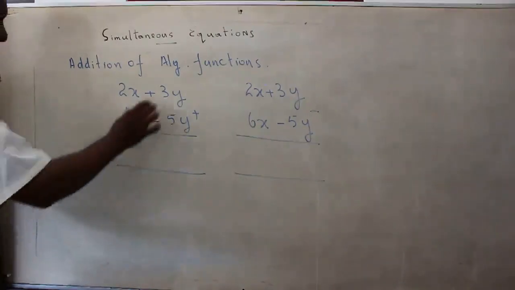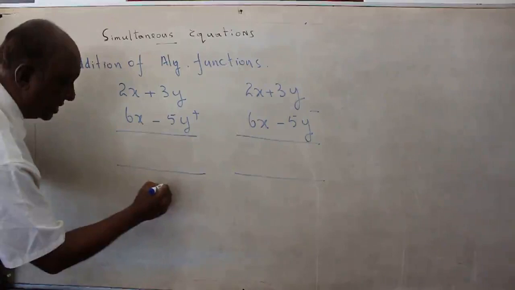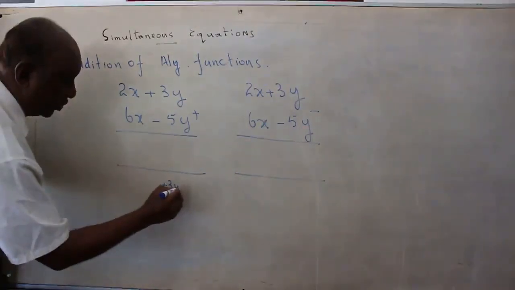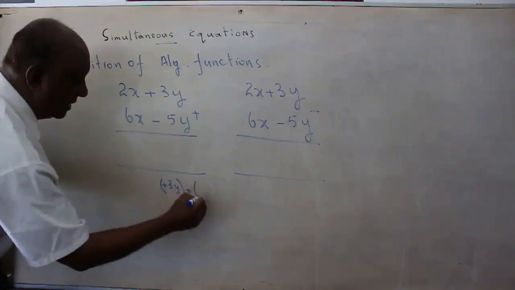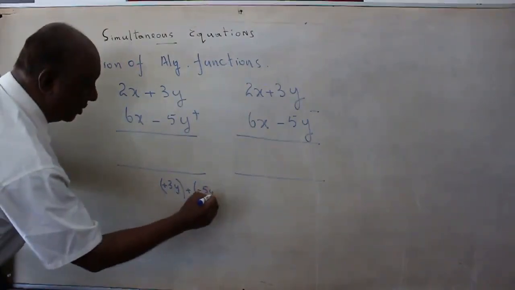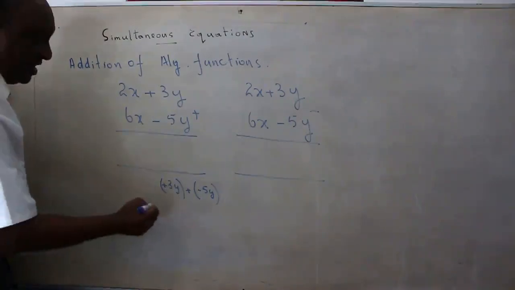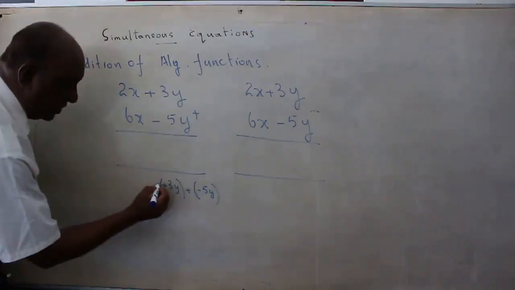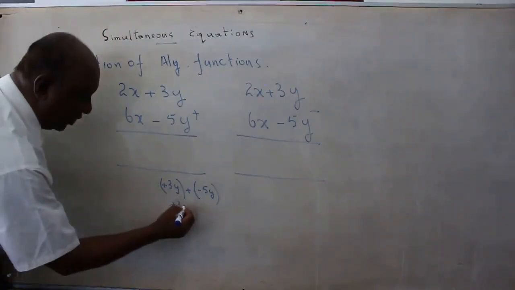You take the y's. Alright, what is the one on top? Plus 3y on top, and the minus 5y at the bottom. You write it like this. Now you open the bracket. Who is here? 1. When you open this bracket, it becomes plus 3y.